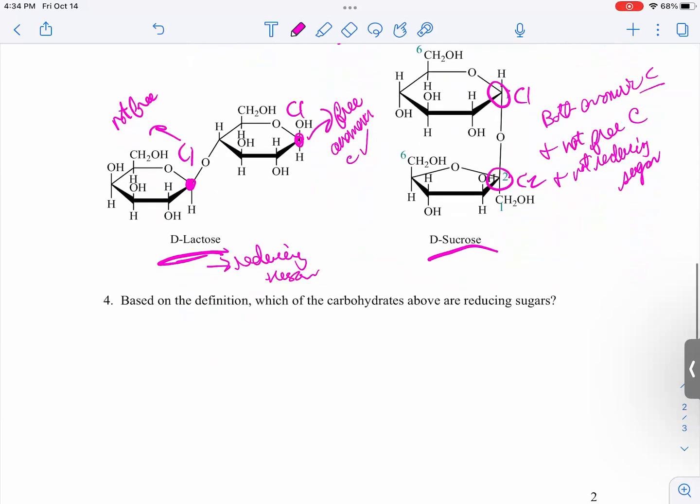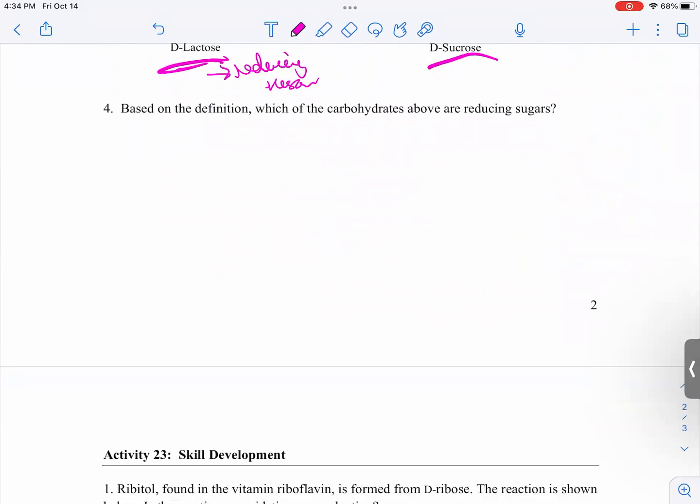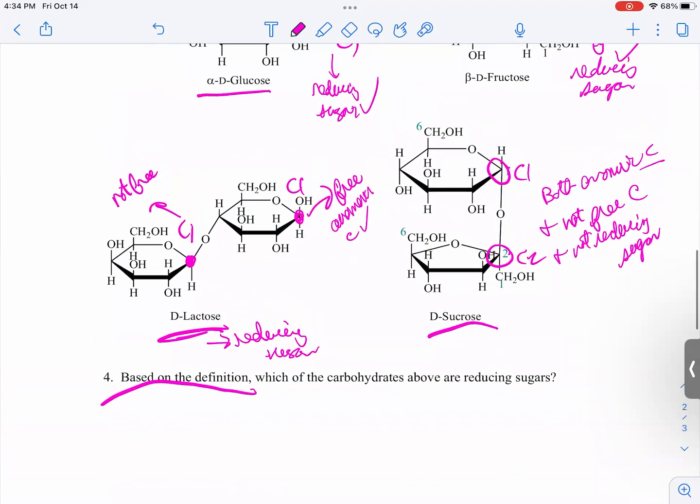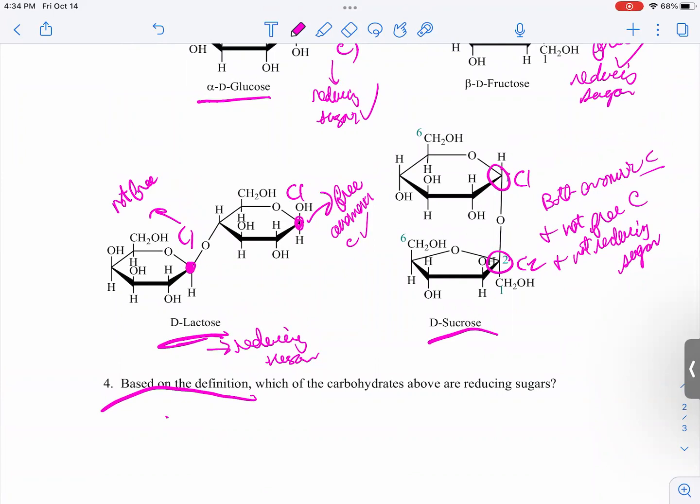Moving on, number 4, based on the definition, which of them are reducing sugars? Oh, we already did that. It's based on whether or not you have a free anomeric carbon. So that's all monosaccharides, right?